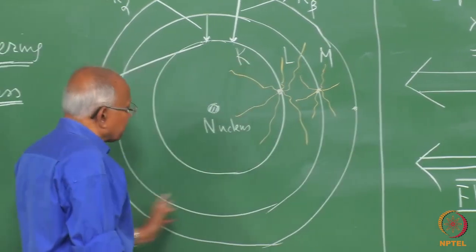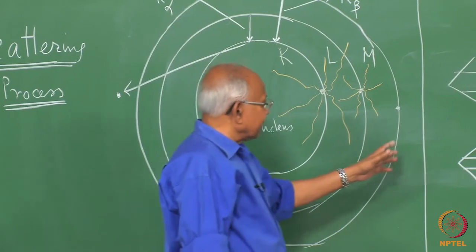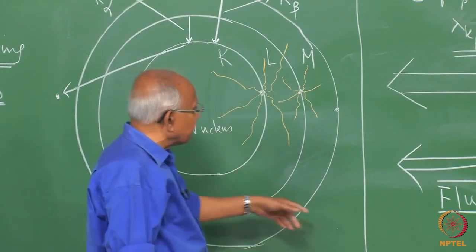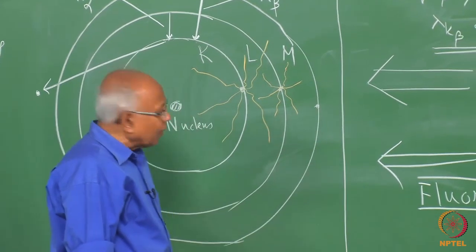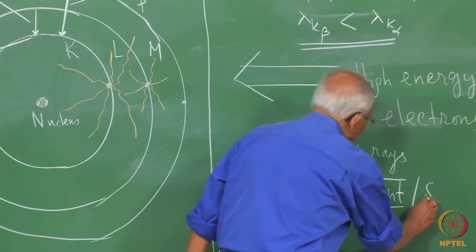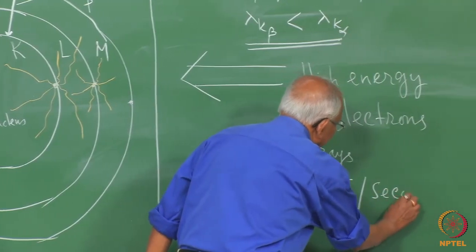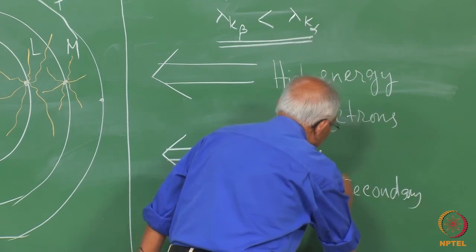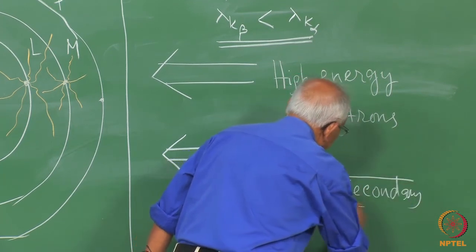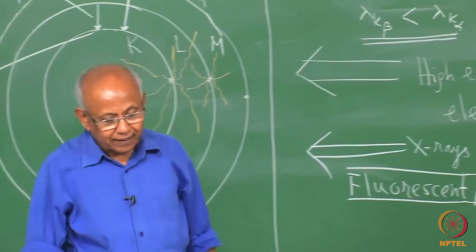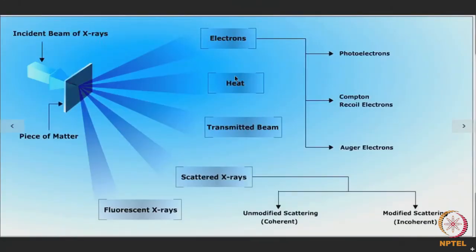X-rays can also be produced by bombarding a target with X-rays, and the X-ray that is produced thereby is known as fluorescent X-rays or secondary X-rays. So, you see that by interaction with matter, you can produce a transmitted beam, heat, fluorescent X-rays, and then there will be scattered radiation.